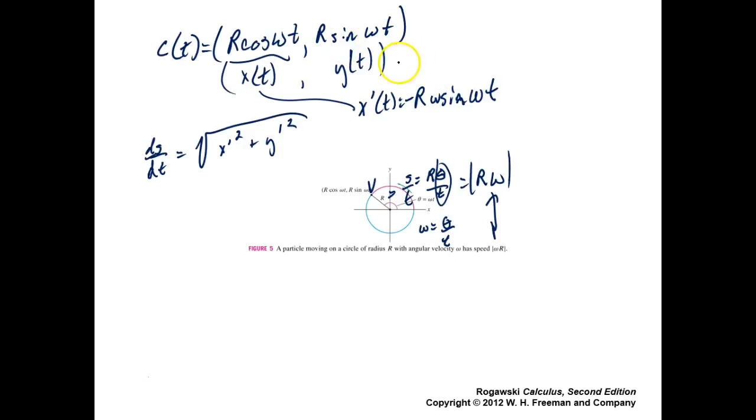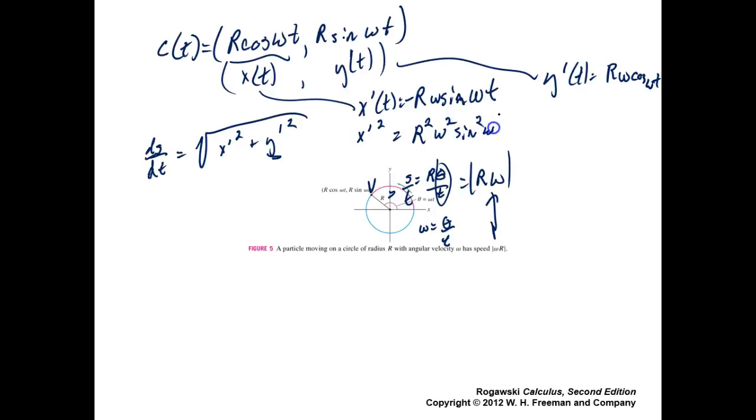And let's do the same thing here. Your y prime of t, because we need that as well, y prime of t is r omega cosine omega t. Positive in that case. But we also have to square both of those, so x prime squared is r squared omega squared sine squared omega t.